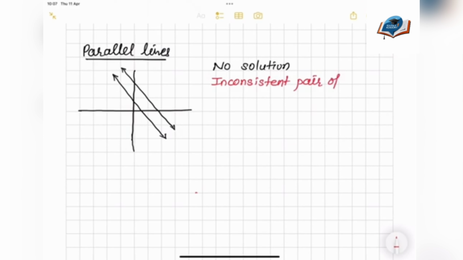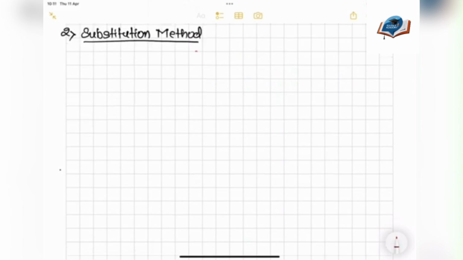This type of lines are called an inconsistent pair of linear equations. And when a1/a2 = b1/b2 is not equal to c1/c2, parallel lines form.